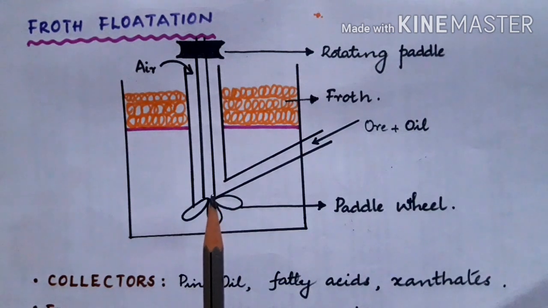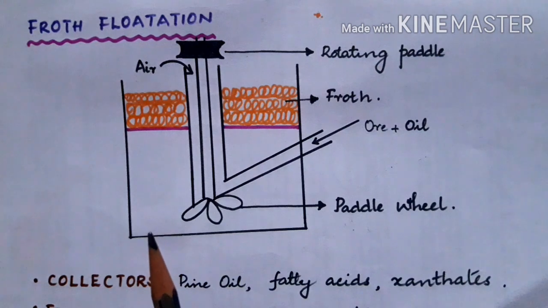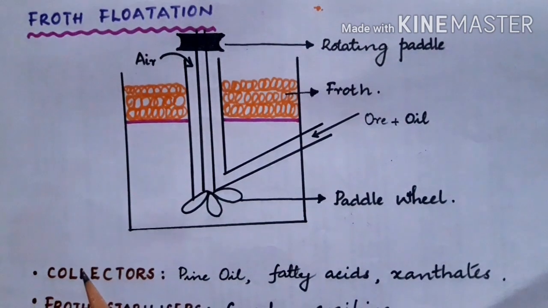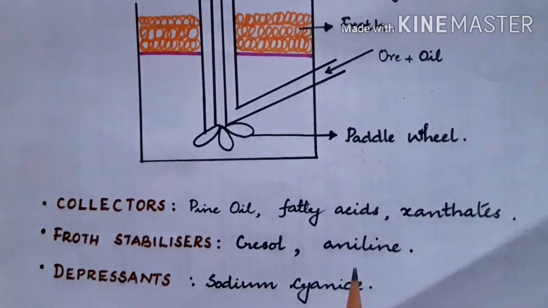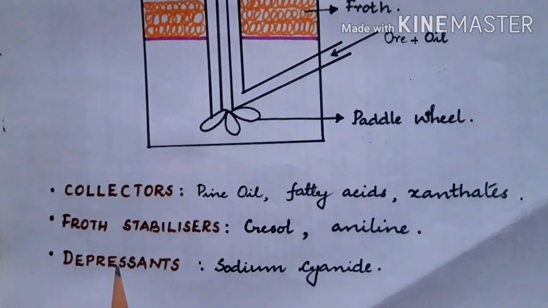You know that the bubbles formed, or the froth formed, is transient in nature. That means it breaks very fast. So in order to increase the stability of the froth, we use a few drops of cresol or aniline. And suppose you are given a mixture of zinc sulfide and lead sulfide. We add a chemical which is named a depressant.